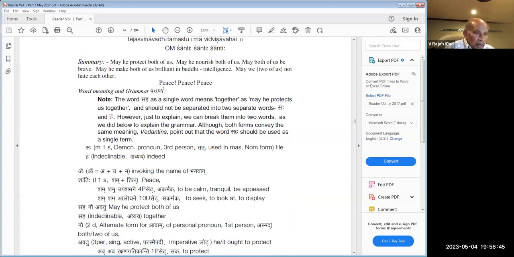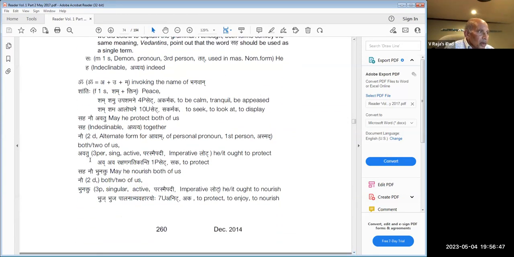And avatu is third person singular active parasmaipadi imperative, or lot. He, it, or she ought to protect. The root is av, rakshana, to protect, the first gana. It takes an object. So nau is the first person pronoun, which becomes I or we.